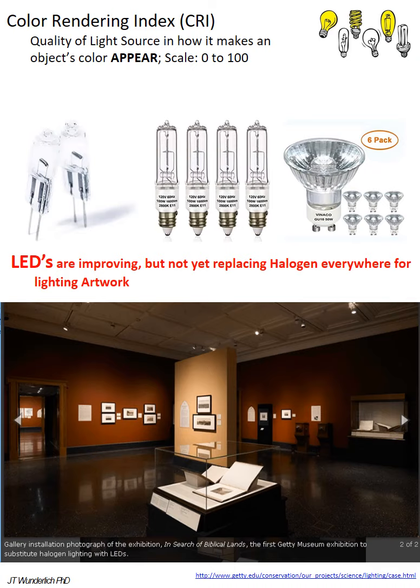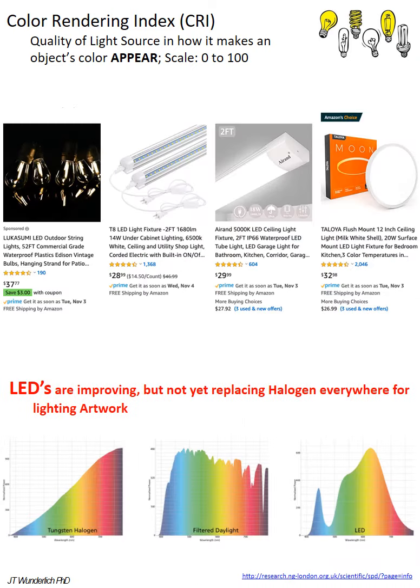LEDs are improving, but not yet replacing halogen. So you can research the different distributions there and see halogen on the bottom left, and filtered daylight, a nice, relatively even distribution, and then what LEDs are getting close to.